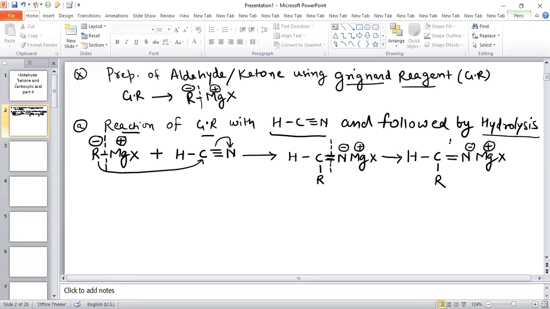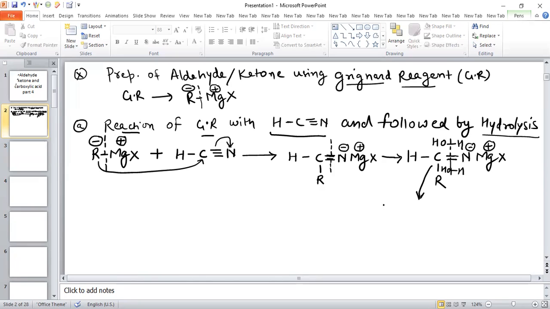Now you can see when there is hydrolysis, which means reaction with water, the reaction with water gives OH and H. When this single bond breaks, again there is OH and H. Now see what happens.